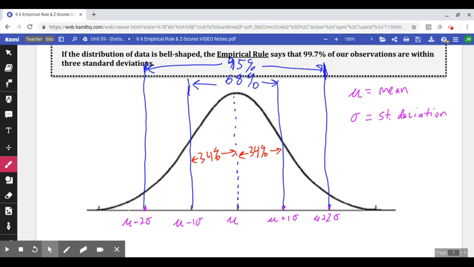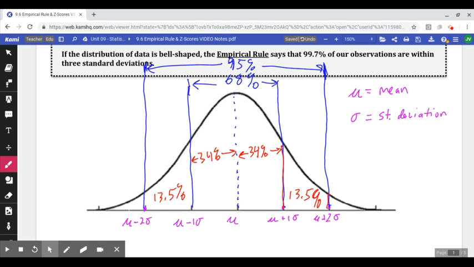Now, if that's the case, if I took 95 and divided it by 2, that gives me 47.5. And if I want to know what this little piece is right here, just from here to here, what would that be? Well, that's going to be 47.5 minus 34. And so I get 13.5% there. And then this little piece right here is going to be 13.5%.